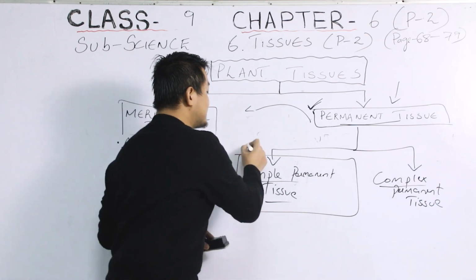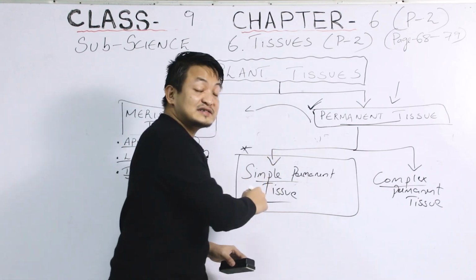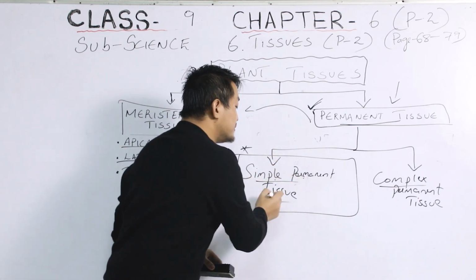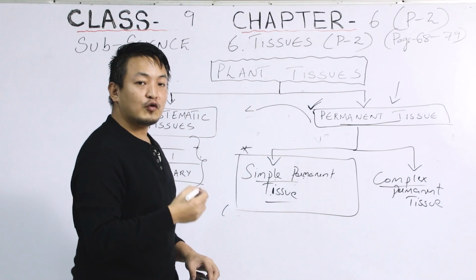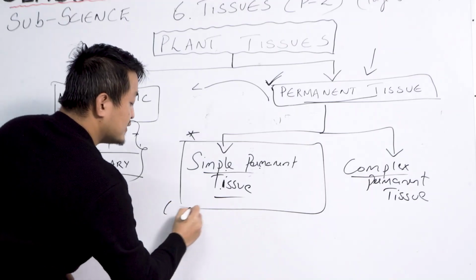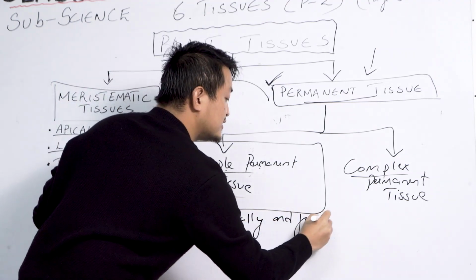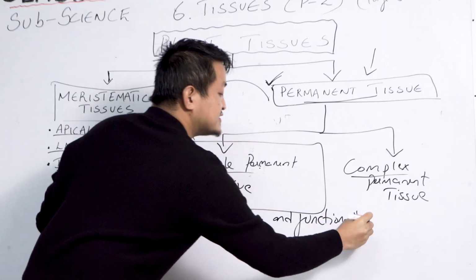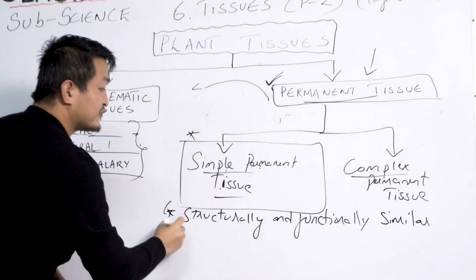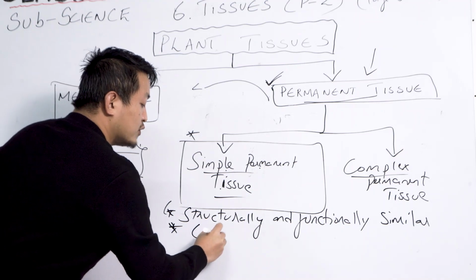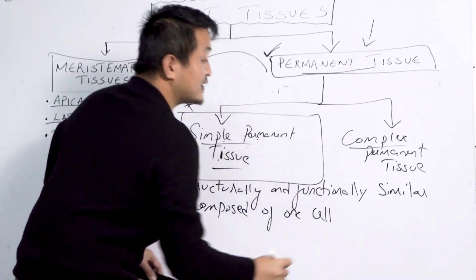Before we study their classification, note down that simple permanent tissues are structurally and functionally similar, and they are composed of only one type of cell.